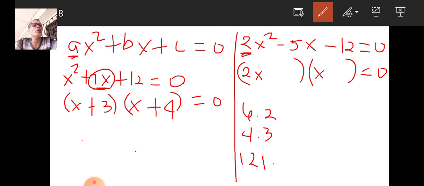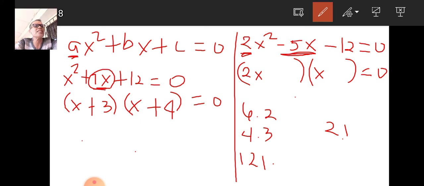So you are going to multiply the factors of 2x squared by the factors of 12 and get the sum. You must have the sum of negative 5x. This is the factors of 12, and the factors of 2x is 2, 1. Okay?